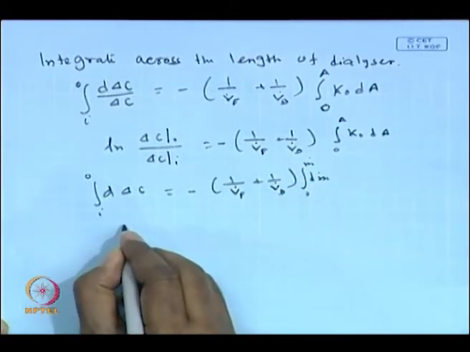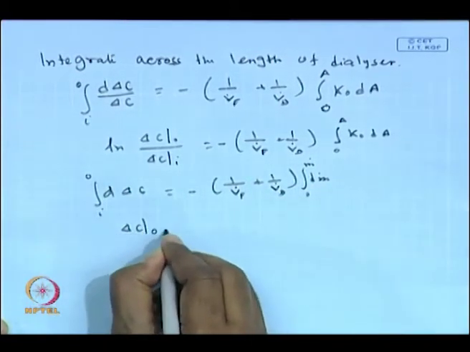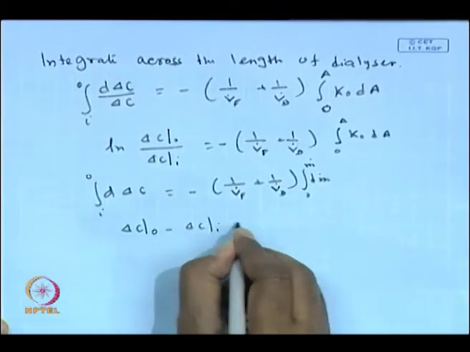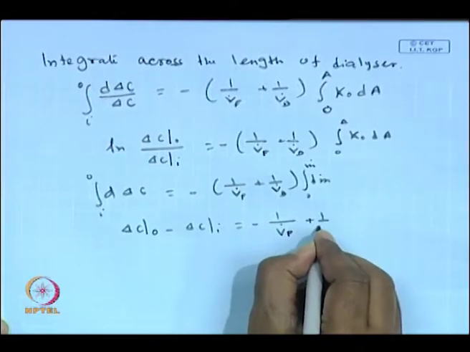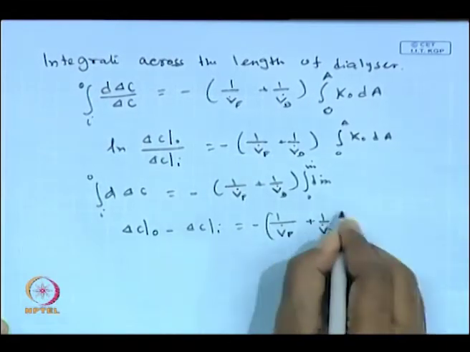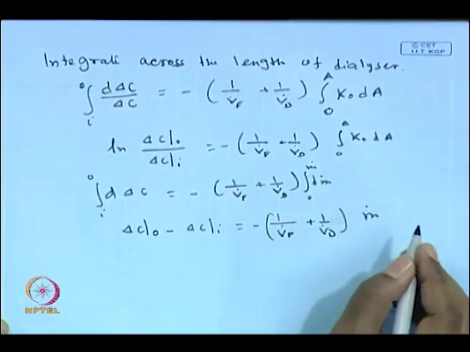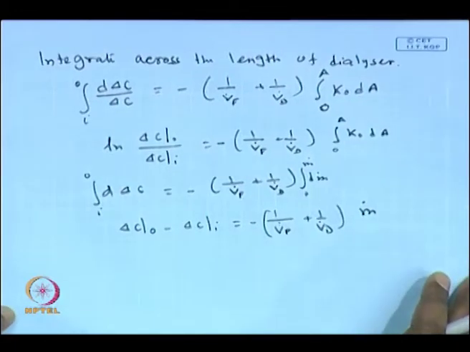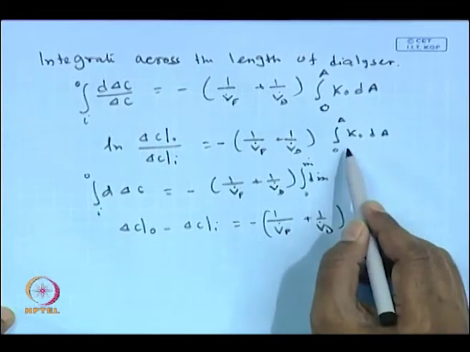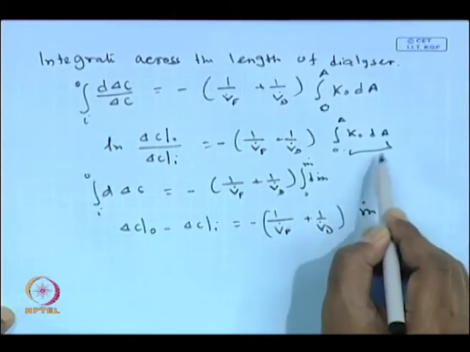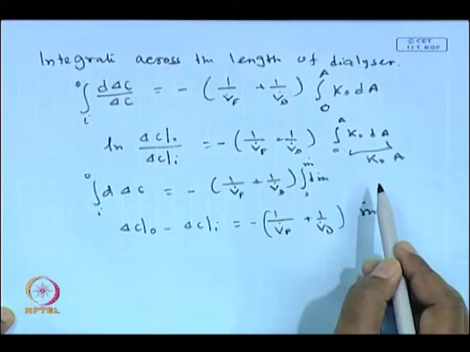So, you will be getting delta C outlet minus delta C inlet is nothing but 1 over Vf dot plus 1 over Vd dot times m dot. Okay. Now, this integral will be returning you the value k0 times A, right.